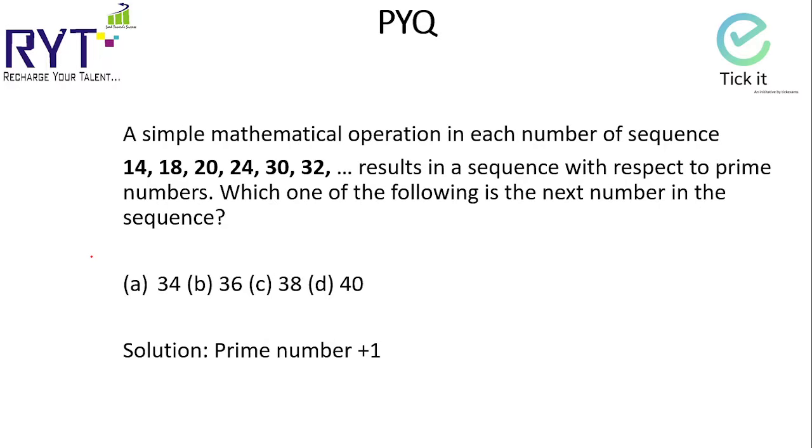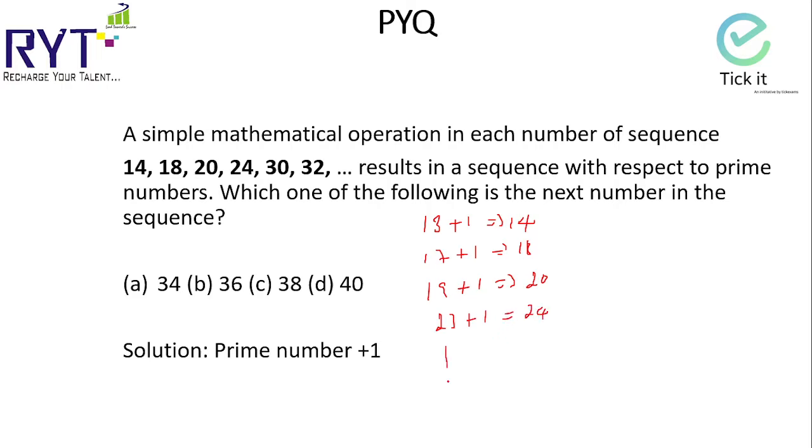So one more question from UPSC they have told. So let us observe. The nearest prime number is 13. 13 plus 1 gives 14. Next number is 17 plus 1 gives 18. Next prime number is 19 plus 1 gives 20. Next prime number is 23 plus 1 gives us 24.